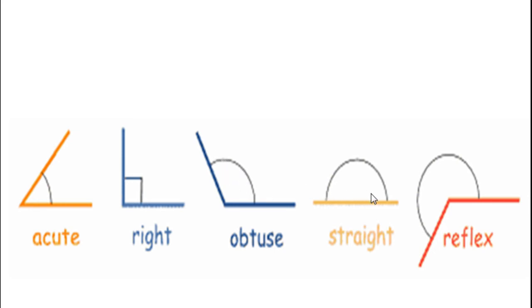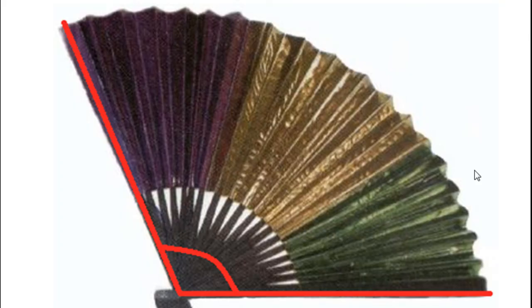Then we go straight 180 degree, so it is straight angle. Then we have gone beyond the straight, greater than 180 degree. So that is reflex. Clearly, we have started the motion from less than 90, and at the reflex we have gone greater than 180 degree.